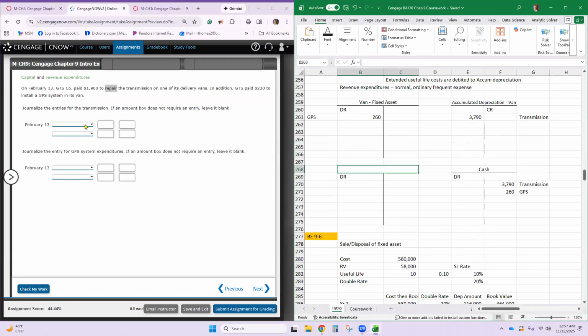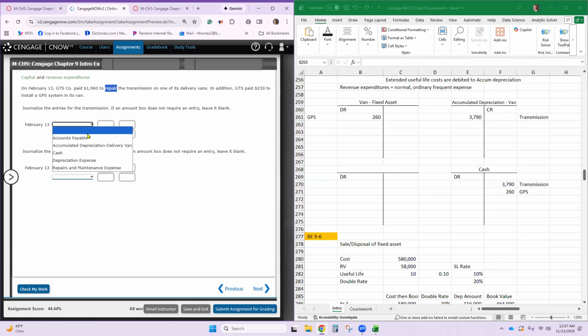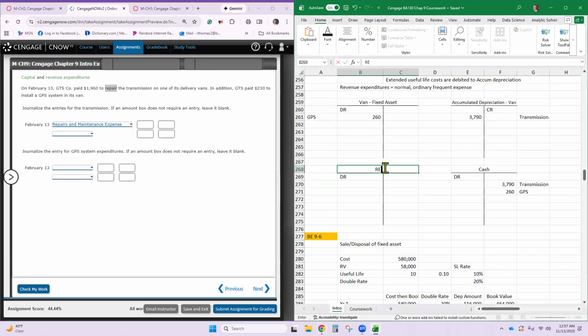All right, so we want repairs and maintenance expense. Let's put that here. Repairs and maintenance expense. Should be 1,860. That's right.